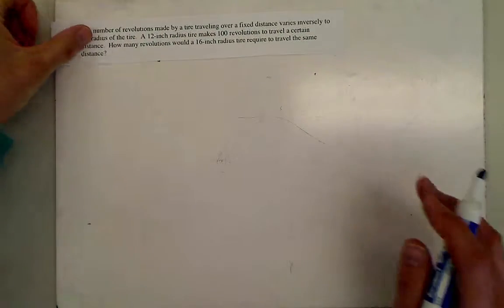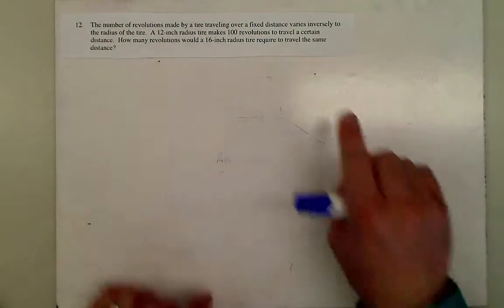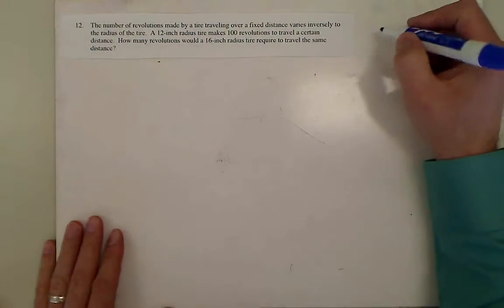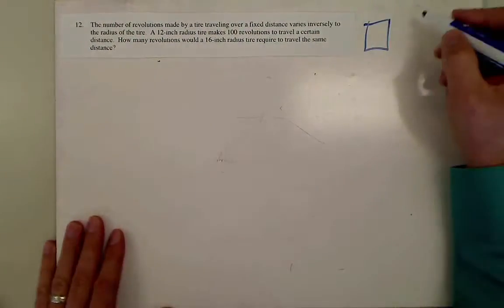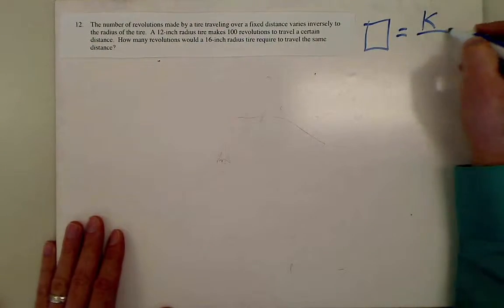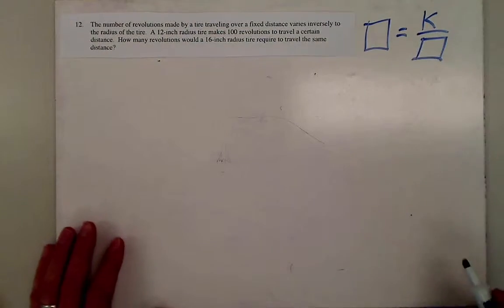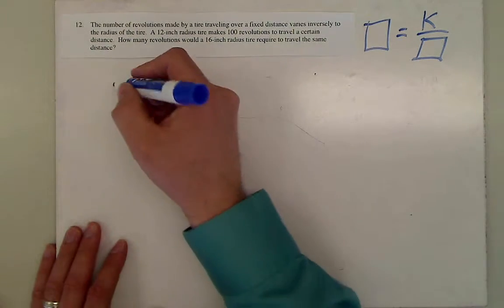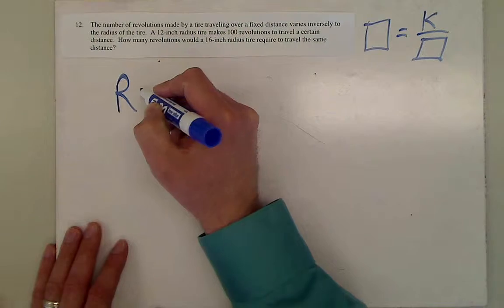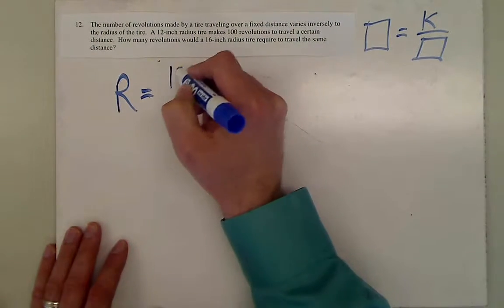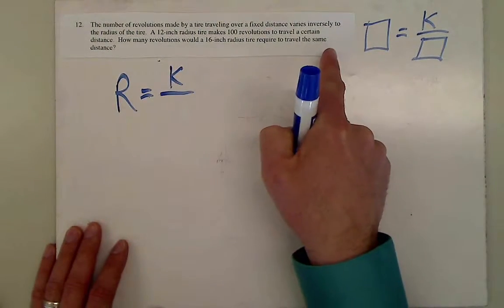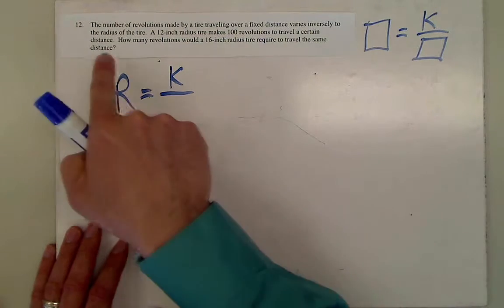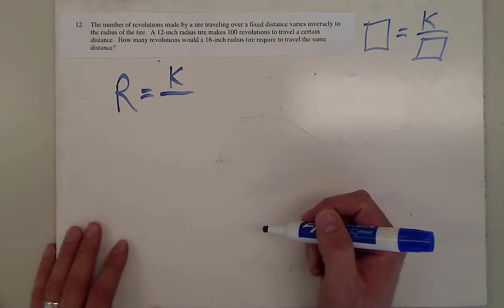Okay, the next example is number 12. This one is inverse variation. So that means you have your quantity equals some constant k being divided by some other variable. So in this case, number of revolutions, let's use R for revolutions, is going to equal k over the radius, the size of the tire.